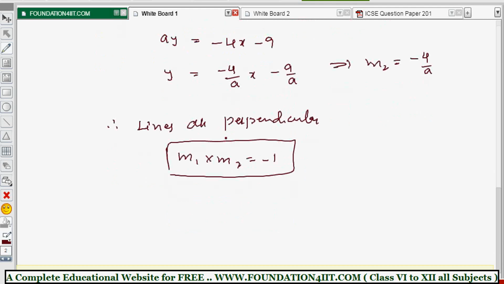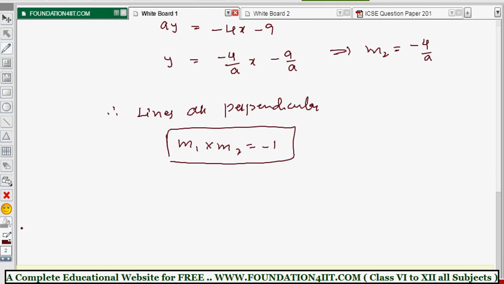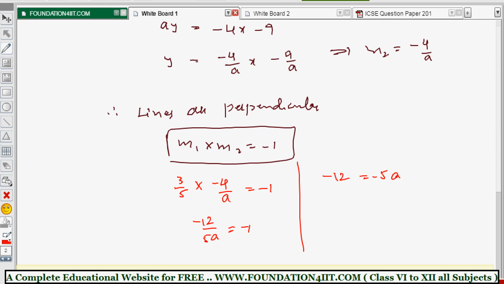So m1 is 3 by 5, into m2, which is minus 4 by a, that is equal to minus 1. We will solve this. Then minus 12 by 5a is equal to minus 1. Using this, minus 12 is equal to minus 5a. Cancel. Then a is equal to 12 by 5. Yes, so that is the value of a.